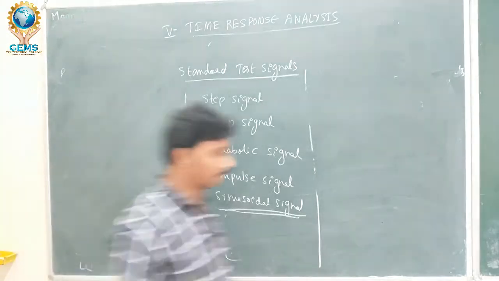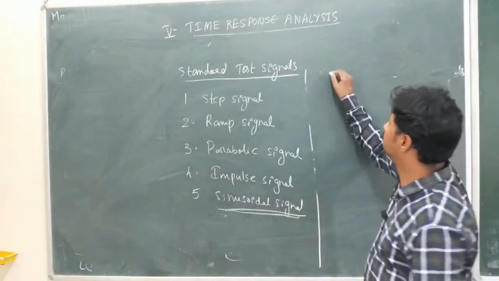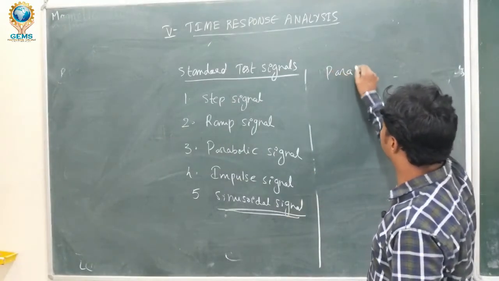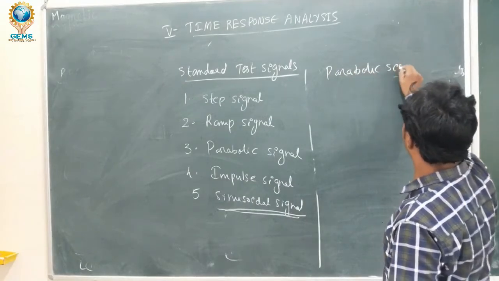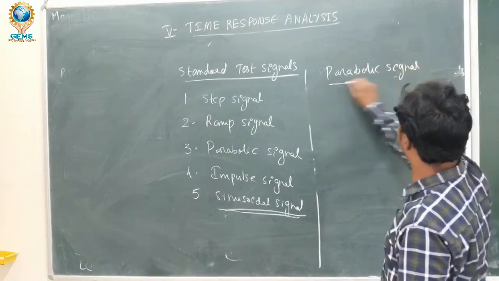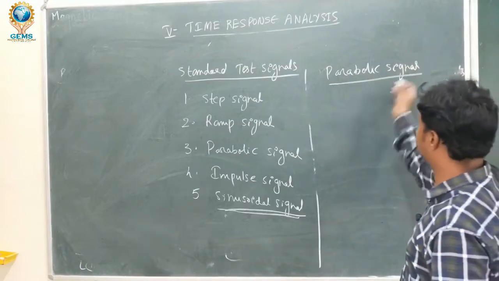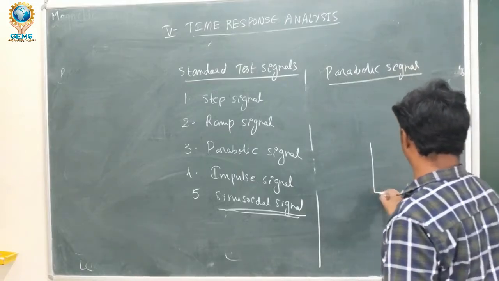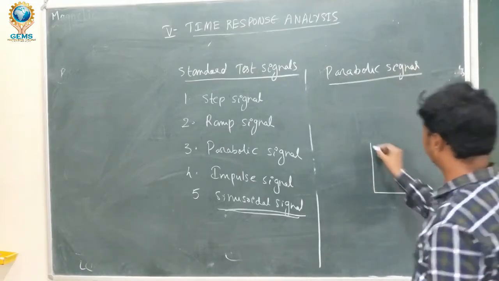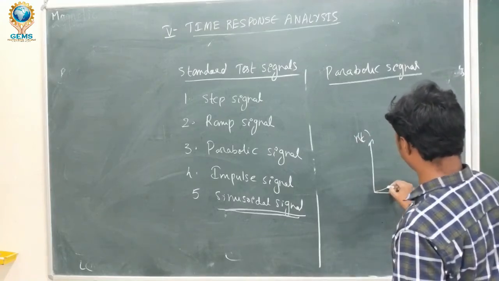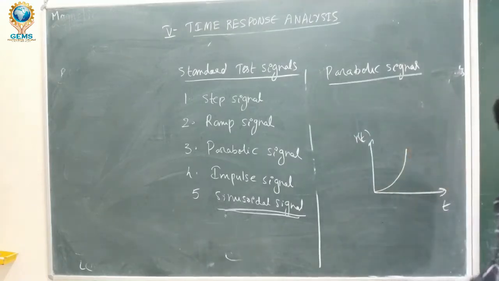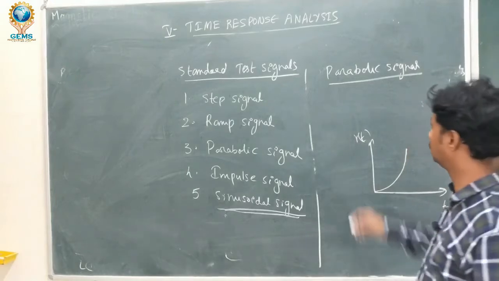So next we study the parabolic signal. The graph is like this, with t and r on the axes. It increases parabolically.